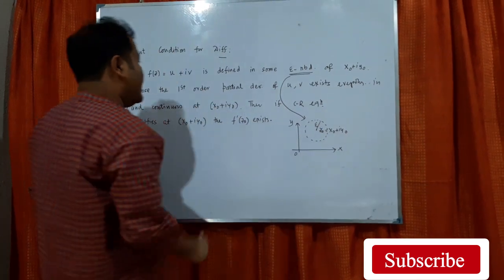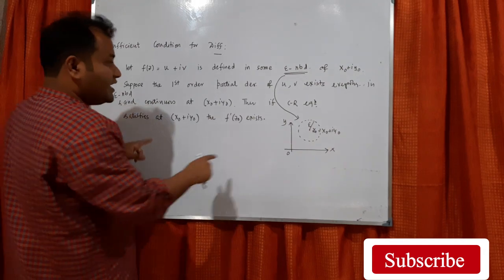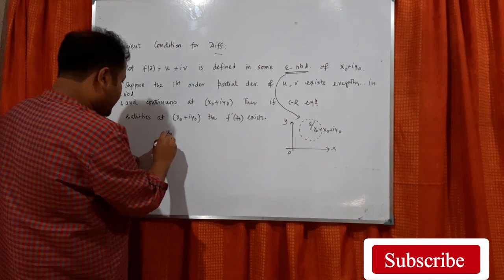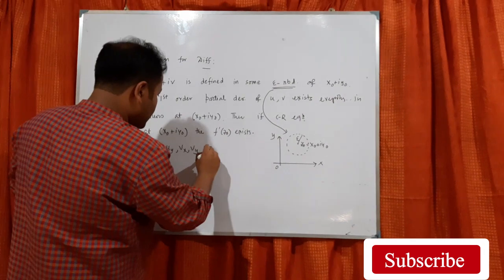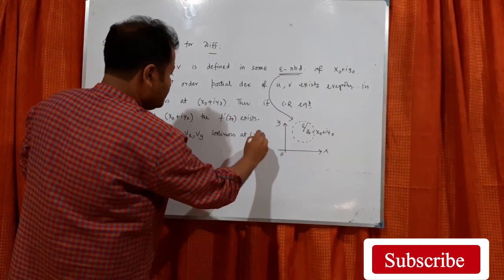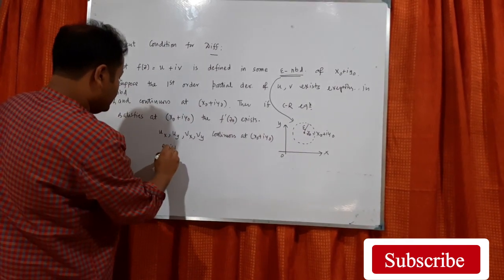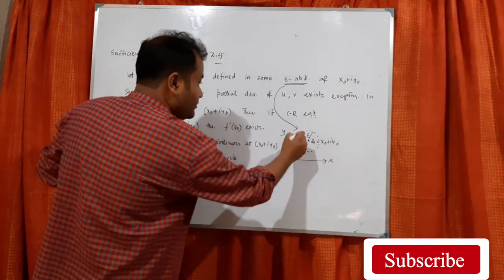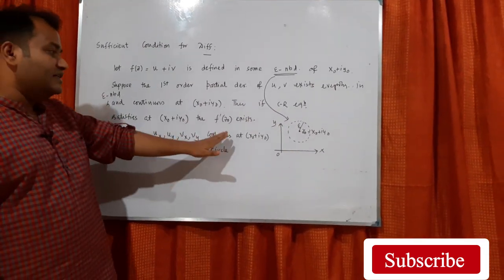Then within this circle, if the partial derivatives ux, uy, vx, vy exist within the epsilon neighborhood and are continuous at x naught plus i y naught, that is at this point, then if the CR equation is satisfied, we can say the function is differentiable.